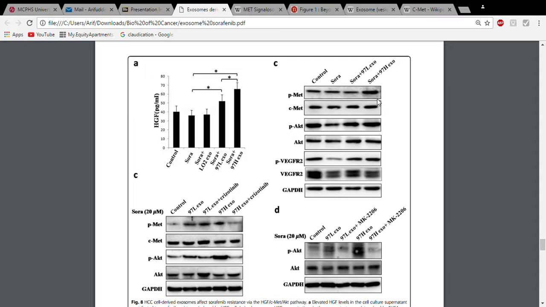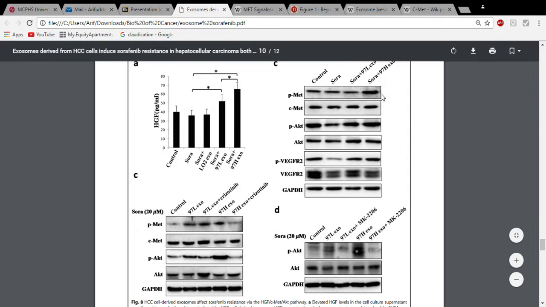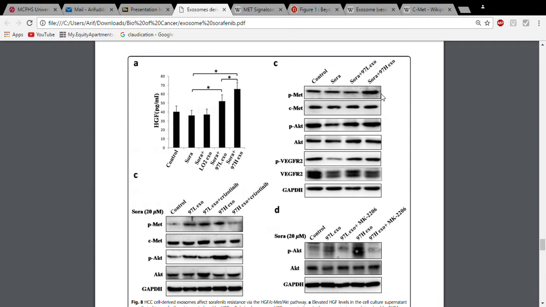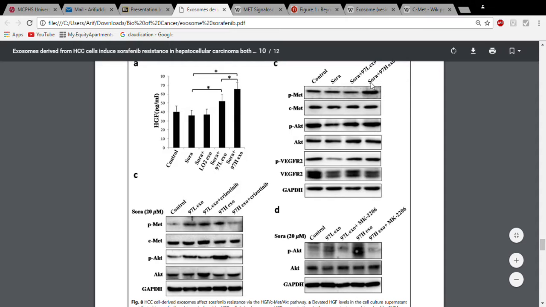So the first Western blot we have over here shows a higher amount of phosphorylated MET, so phosphorylated active receptor, in the 97H exosome sorafenib lane.